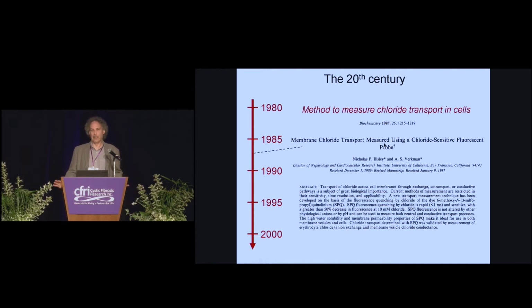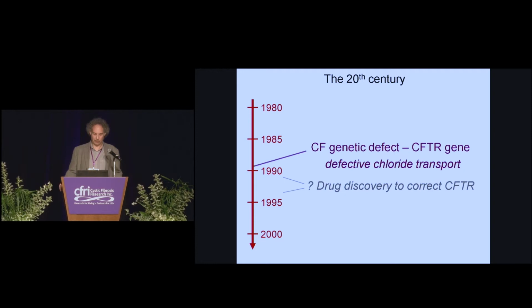At that time, we hadn't begun CF research. And of course, soon thereafter, in 1989, the CF genetic defect was discovered. That is a loss of function mutation in CFTR. And it soon became apparent that the problem with CFTR in CF was that it did not transport chloride.